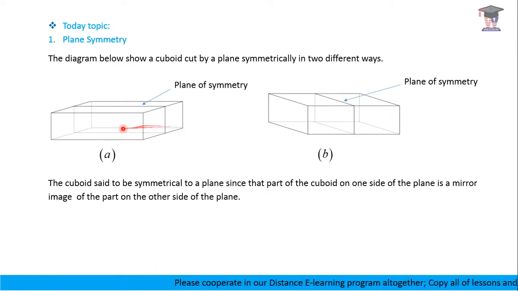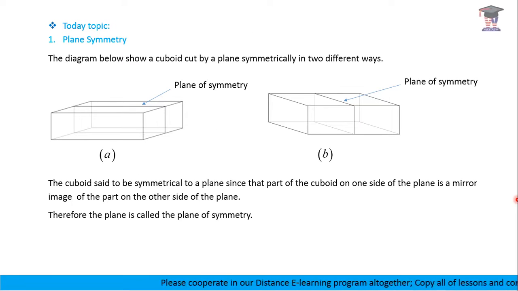You see, one side here and one side here, they are congruent. This figure and this figure are congruent. So the plane is called the plane of symmetry.